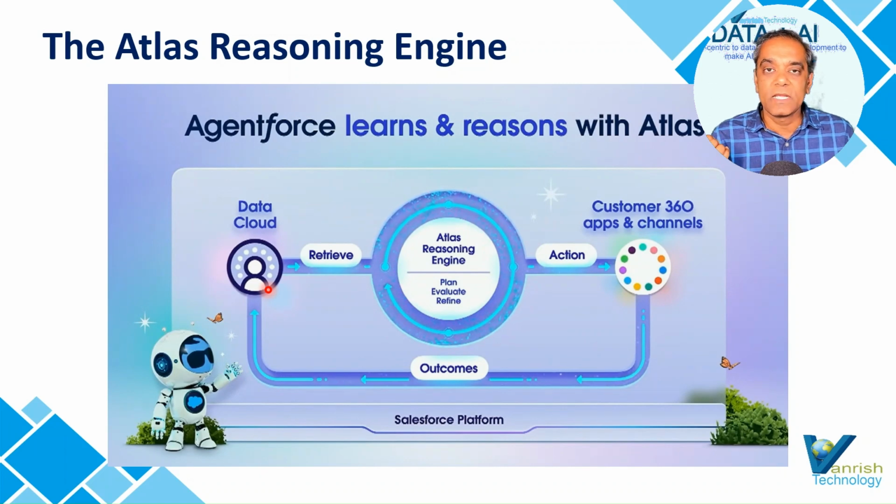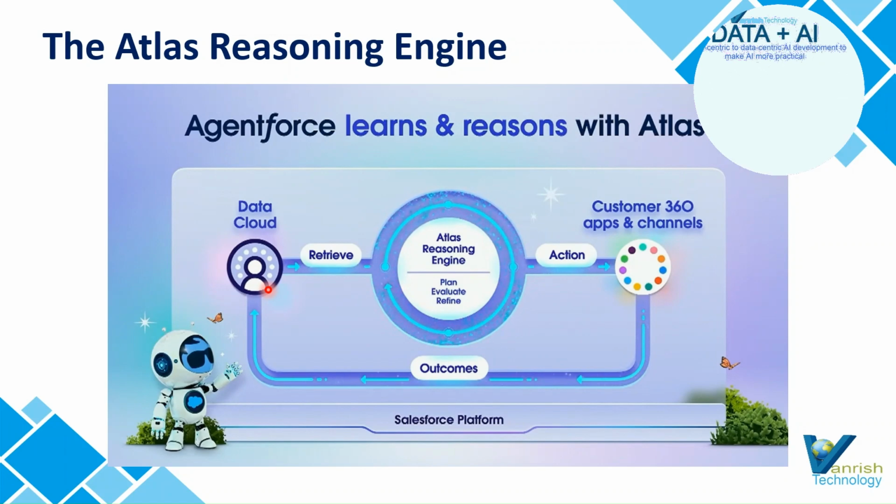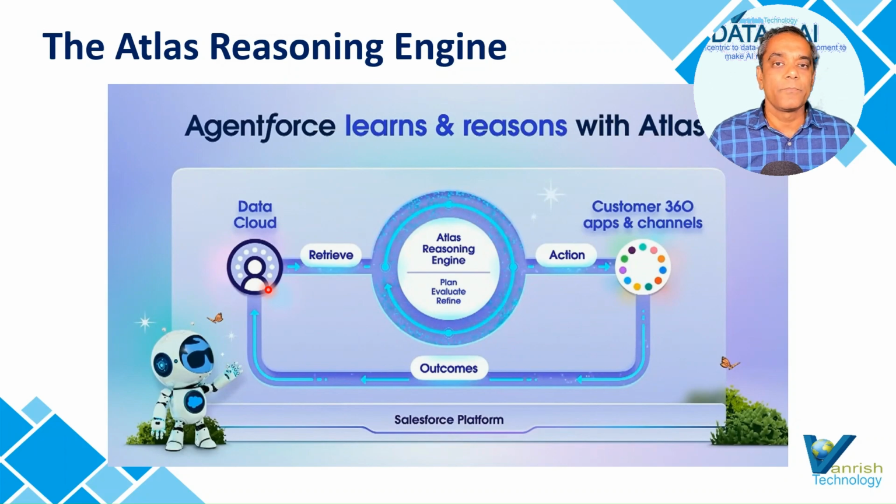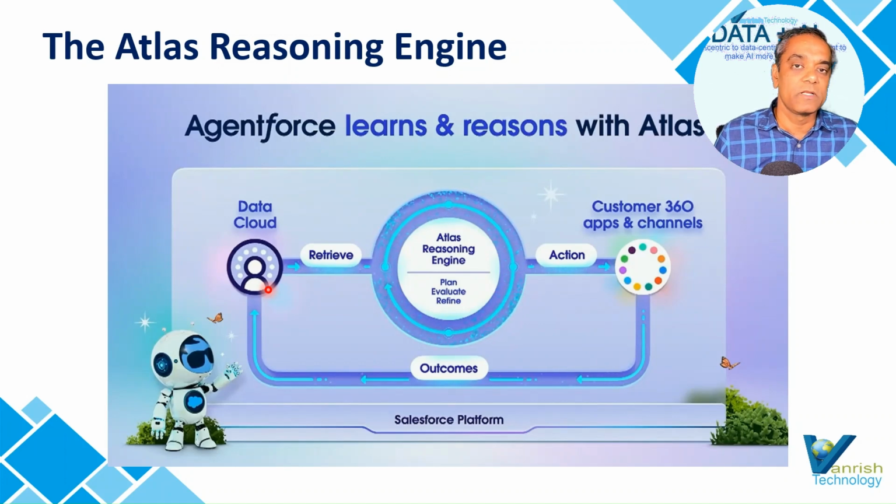It also takes into account what session you are in. Suppose you are working on the sales side and asking a question about billing information, like the previous question, help me resolve a billing issue. The Atlas Reasoning Engine knows you are in that context. So for the next question you ask, it knows it is related to billing information or this particular user's information. That's how it keeps your information and gives relevant information to the user.